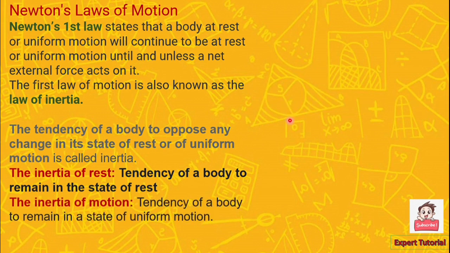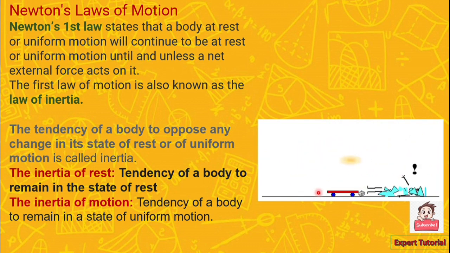Now coming to the inertia of motion. The tendency of a body to remain in its state of uniform motion is the inertia of motion. When a moving vehicle suddenly applies brakes, passengers lean forward or fall.